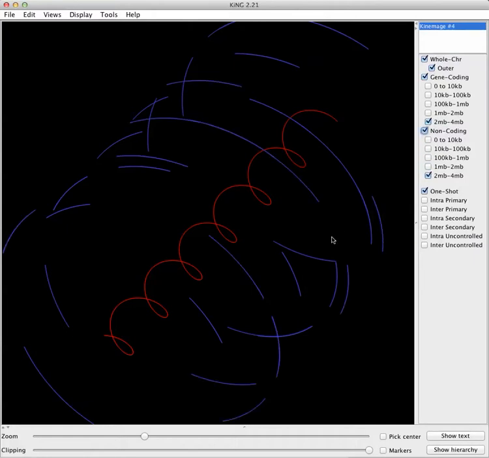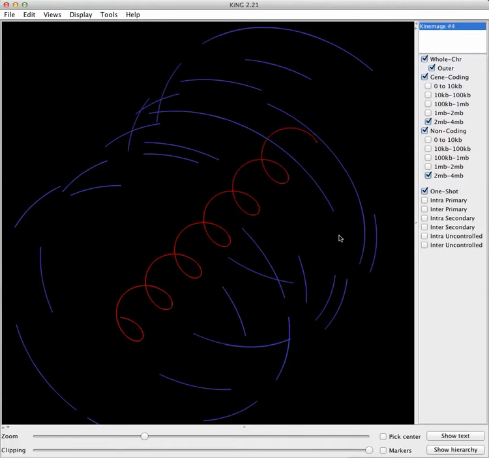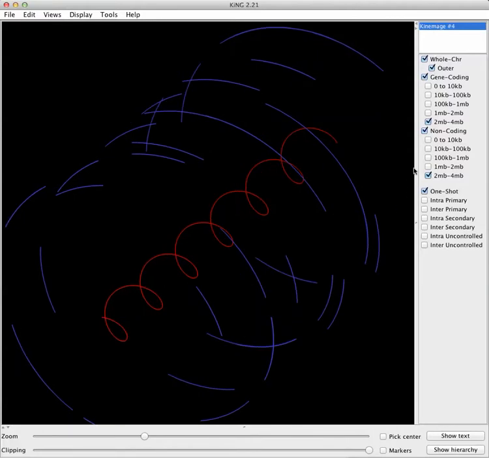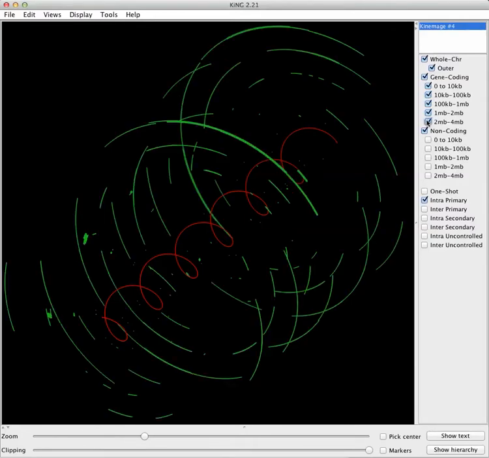Turn on the non-coding, and so you see these are the loops that are in the 2 to 4 megabase range, formed on chromosome 1 of mouse. And these were just the one shots.